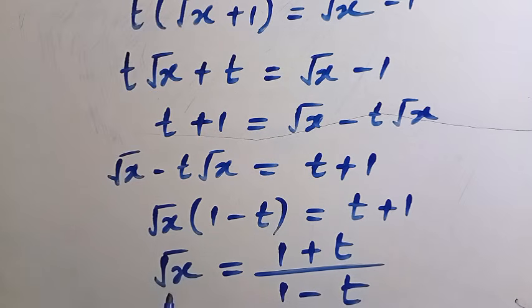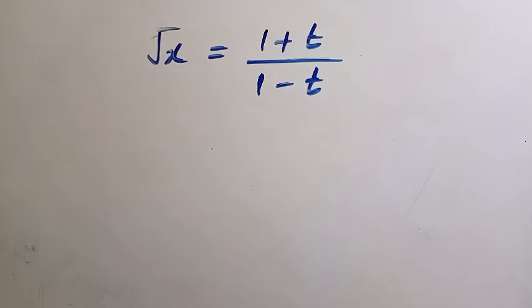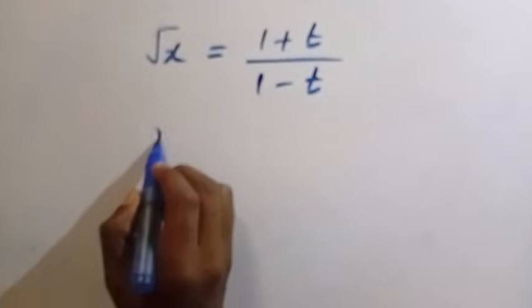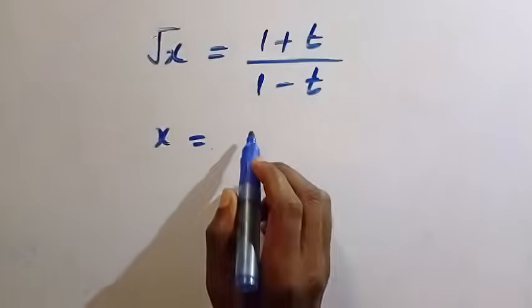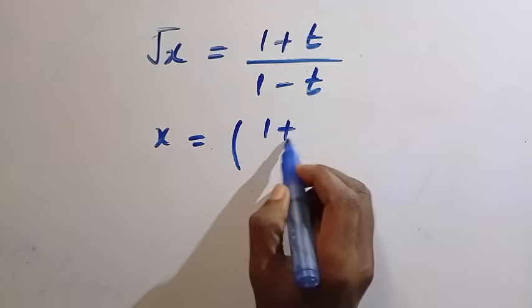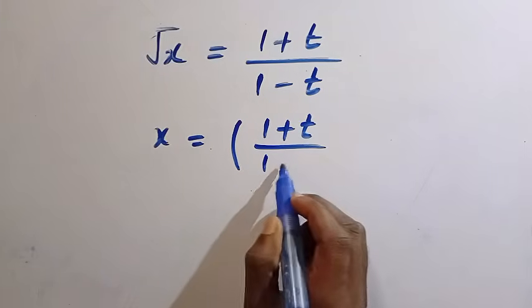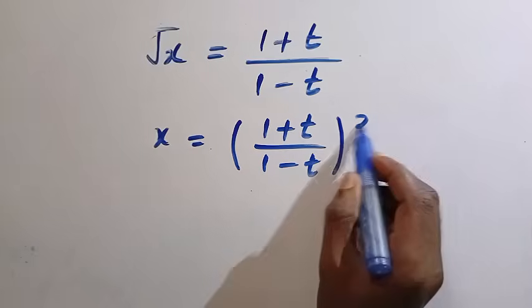Then only x is what we need. What we do is take the square of both sides. By taking the square of both sides, we have x equals 1 plus t divided by 1 minus t, all raised to the power of 2.